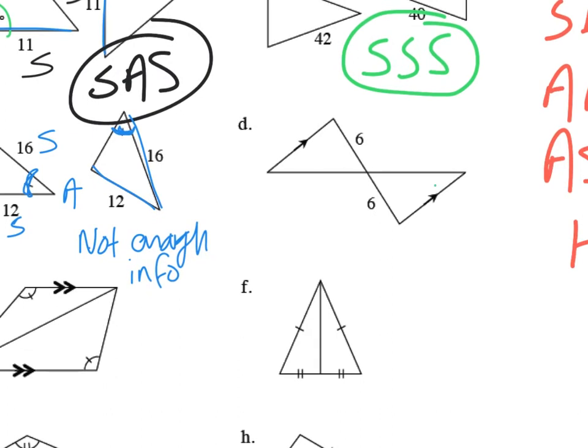Now, remember, in letter D, these two arrows mean that those are parallel, not that they are equal. The two arrows opposite each other means parallel, and this goes way back to something we did in chapter 2. If you have parallel lines, remember that means that alternate interior angles are equal. Not only that, but I could also say these angles are equal right here.